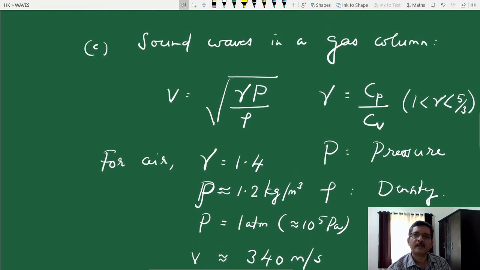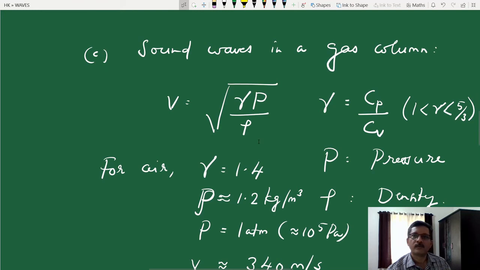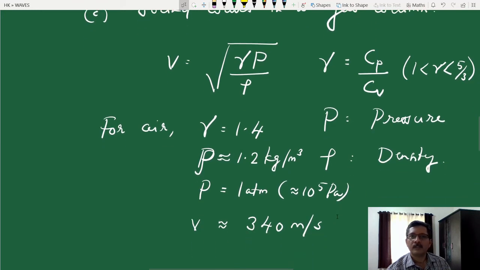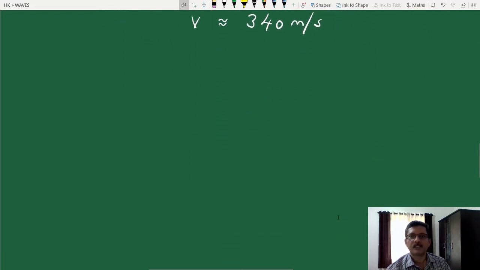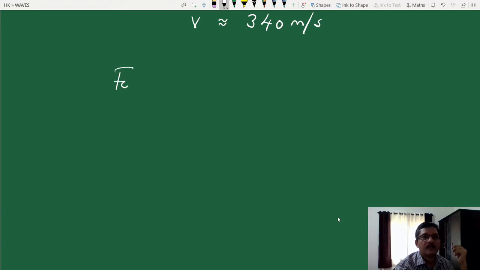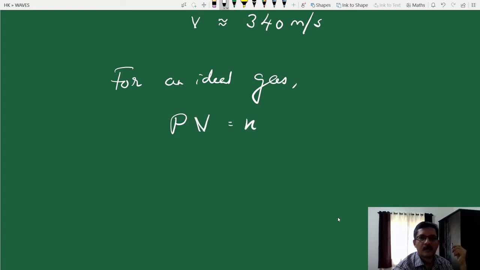So we can rewrite this expression for sound waves in a gas column in terms of temperature also. Let us assume that our gas is an ideal gas. For an ideal gas, we can write the ideal gas equation connecting the various parameters: PV equals nRT, where n is the number of moles.